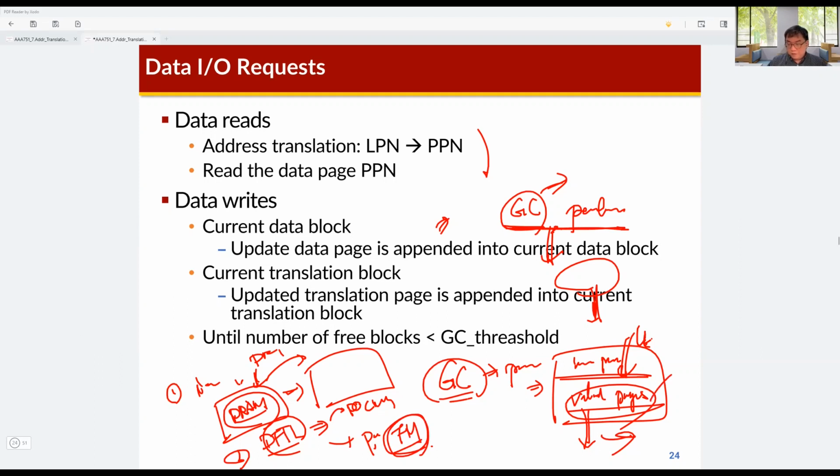So when this information is updated, the Dftl updates the page translation information in the CMT and the page translation information in flash memory. If update is required, that will cause high performance overhead. That is the problem of the Dftl when the garbage collection is performed.